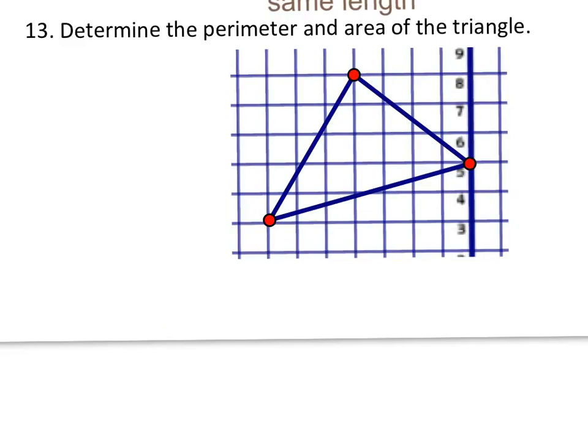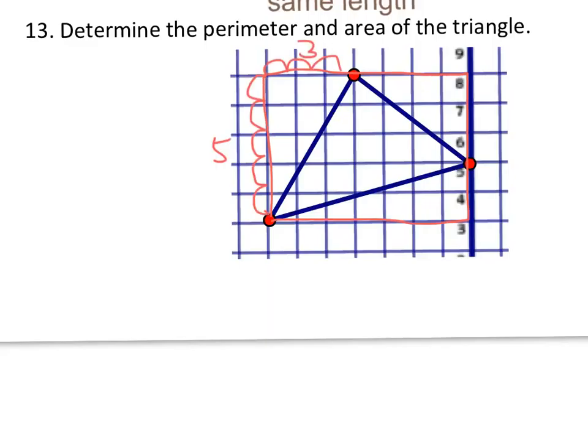Last problem, we're determining the perimeter and area of this triangle. Okay, so calculating out the perimeter, I will start by putting a box around the triangle. Then I will calculate those three lengths to find the perimeter. So the sides.